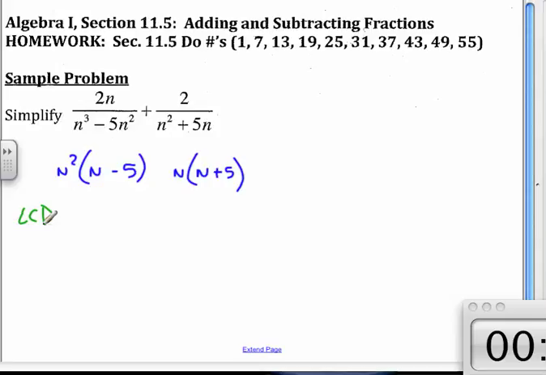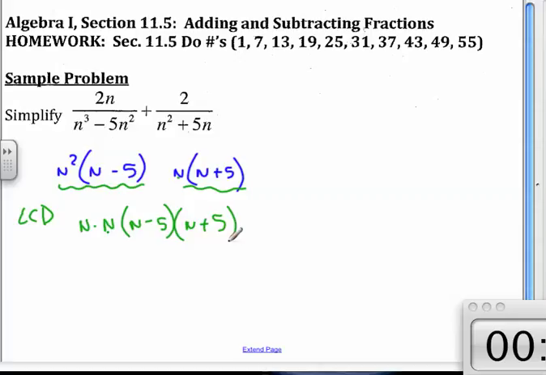So on this first one, I'm going to need definitely an n times n minus 5. Okay? That's that one. To make the next denominator, I need an n, but I've already got it. And I need an n plus 5. So that's the least common denominator.